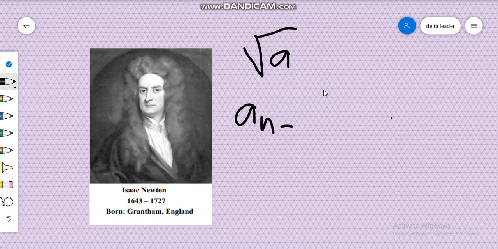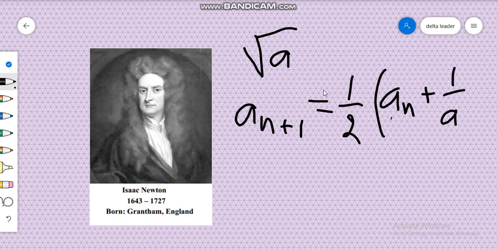We should iterate by using this formula: a_(n+1), a_n being the previous value of the sequence, is half of a_n plus a over a_n. By using this formula, we might be able to find the square root of any given number.